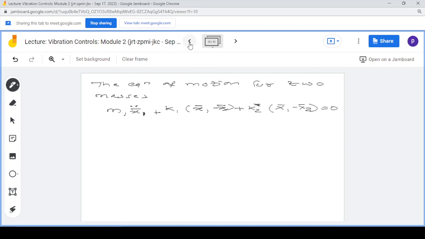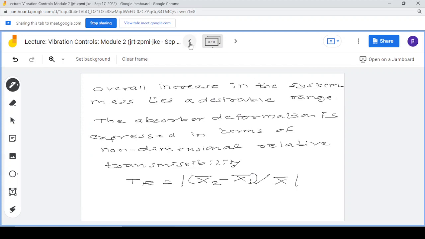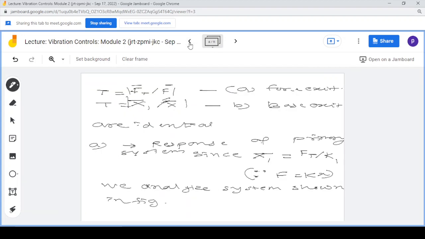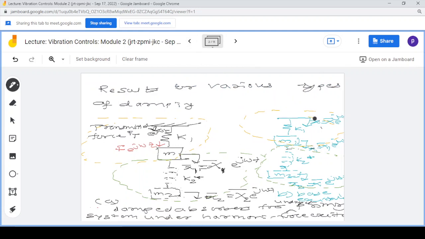This we have written considering the first mass. Look at this. So for this system we have written m1 x1 double dot plus k1 into x1 minus x plus k2 star into x1 minus x2 equals 0.